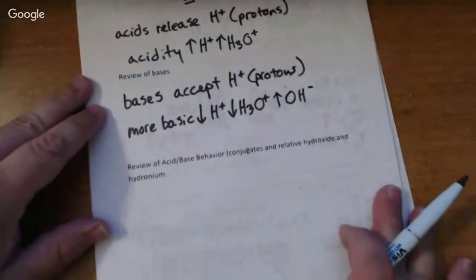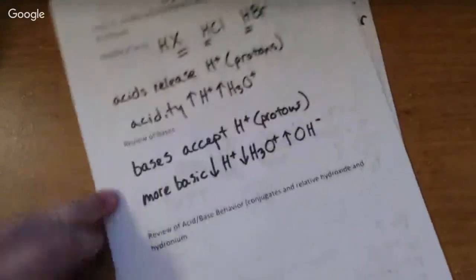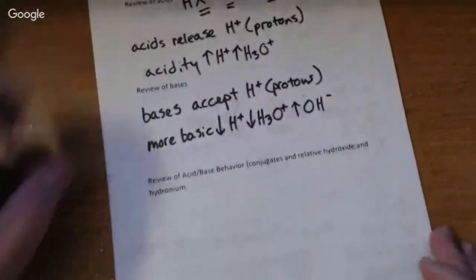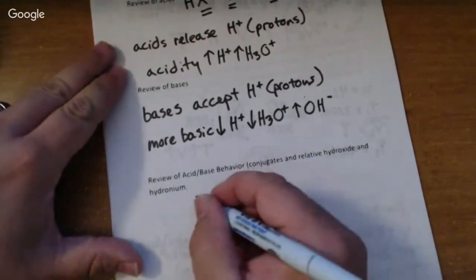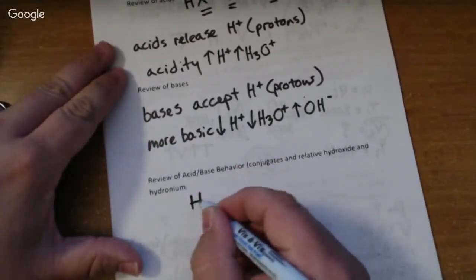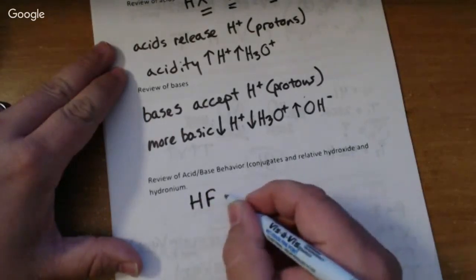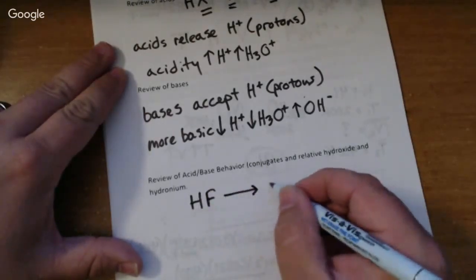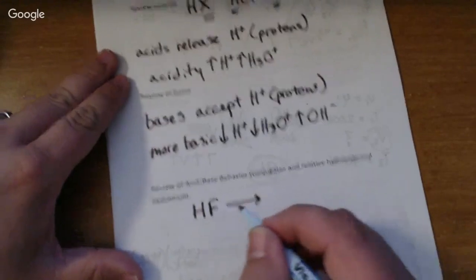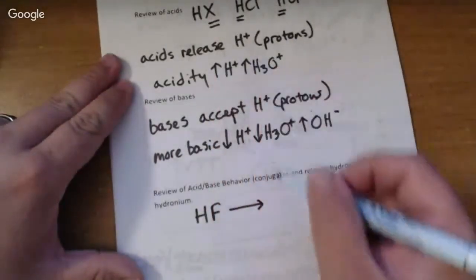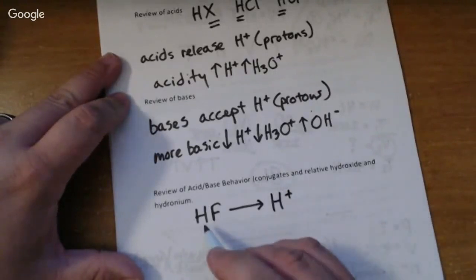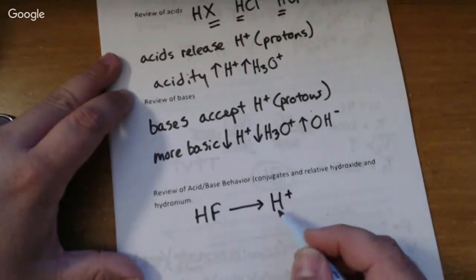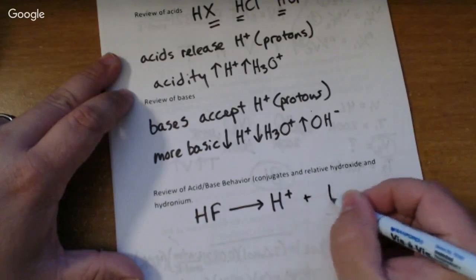So going down here, we're going to review two things really quick. The review of acid-base behavior and also the pH scale. Let's say I have something like HF in solution. I've got an acid. If I have HF and acid, then that acid's job is to release a proton. I'm going to release that H+. What's left after HF releases the H+? I'll have F-.